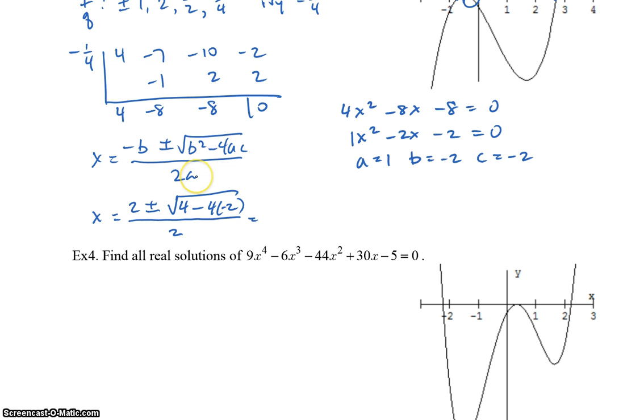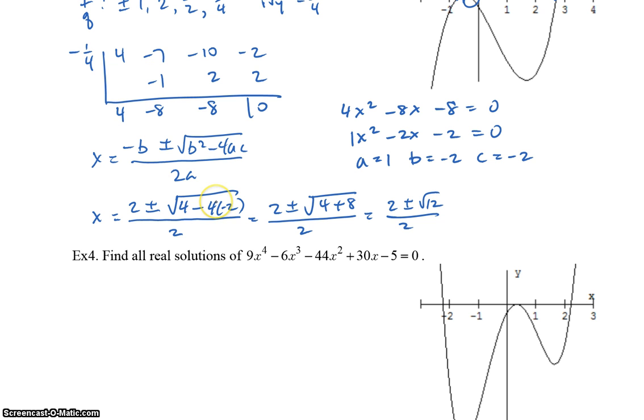Okay, now we're going to simplify. It's 2 plus or minus square root of 4 plus 8, over 2, or 2 plus or minus the square root of 12 over 2.